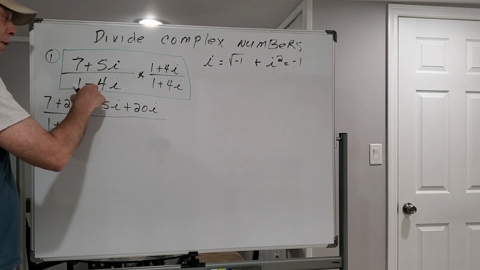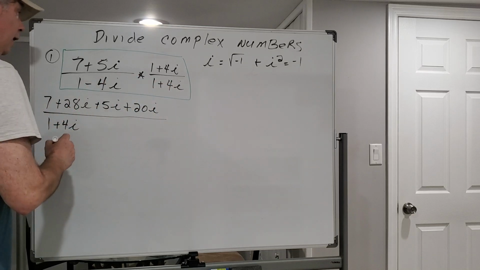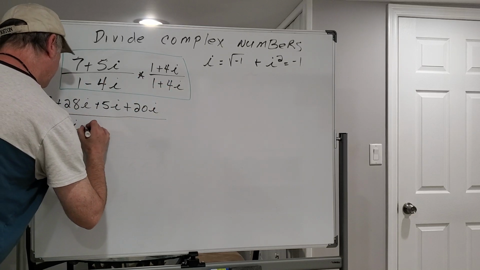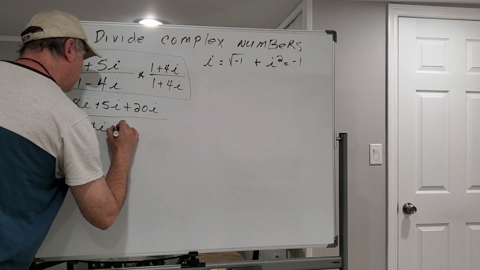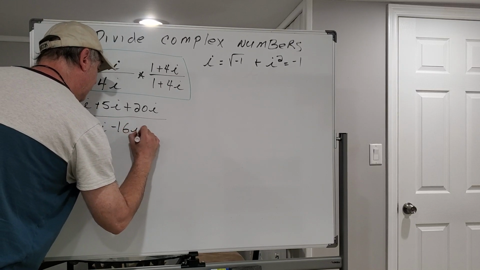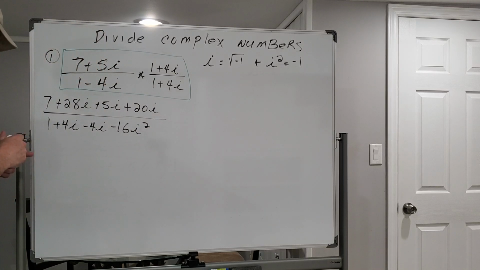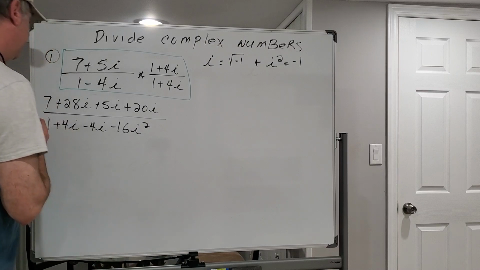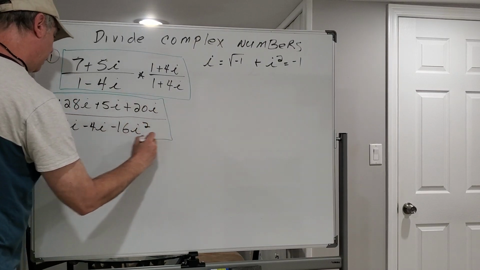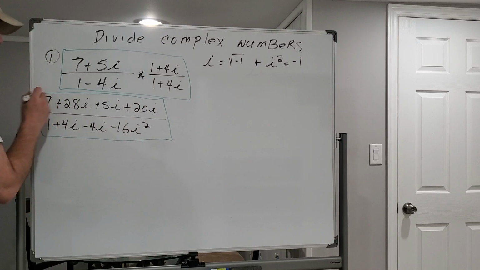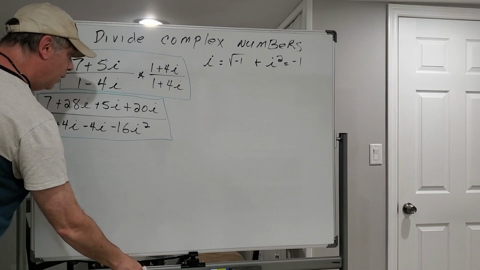Then we're going to multiply minus 4i times 1, minus 4i times positive 4i. That's going to give me minus 4i and minus 16i squared. So that is the second step for this. And I'll put a box around this so we know that that is our second step.